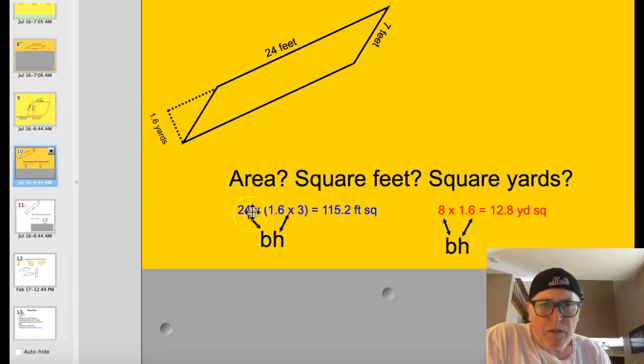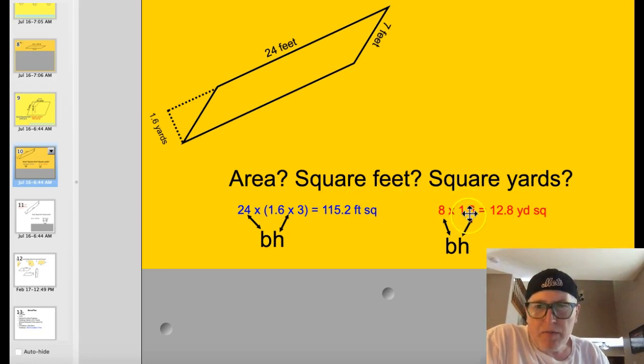Well, if you're going to figure it out in feet, the base times the height is going to be 24 feet times 1.6 yards. I thought about it this way: 24 feet times a quantity of 1.6 times 3, because you have to take 1.6 times 3 to get the number of feet. It works out to be 115.2 square feet.